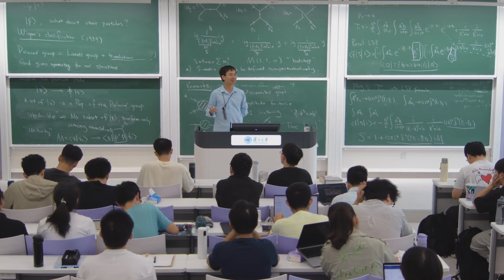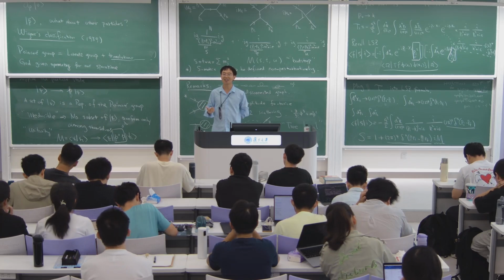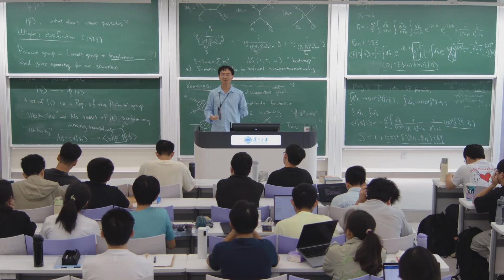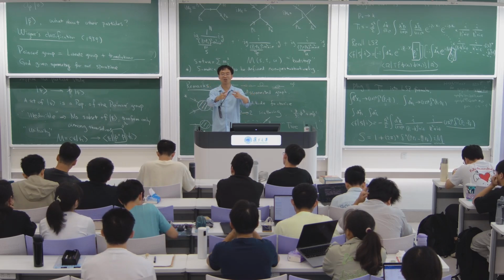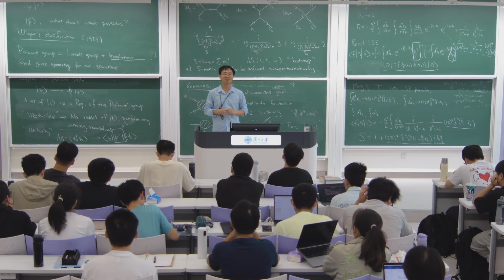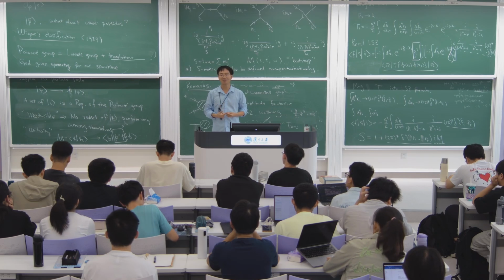U is essentially named for this unitarity reason, to emphasize that the symmetry transformation has to be unitary. Because you don't want to change your amplitude under a symmetry transformation. So this p dagger p has to be 1. This is the definition of unitarity of p.